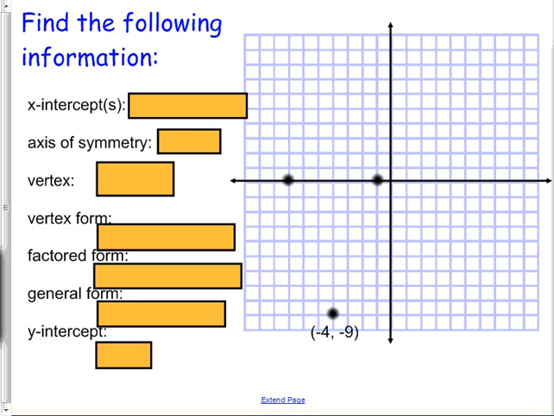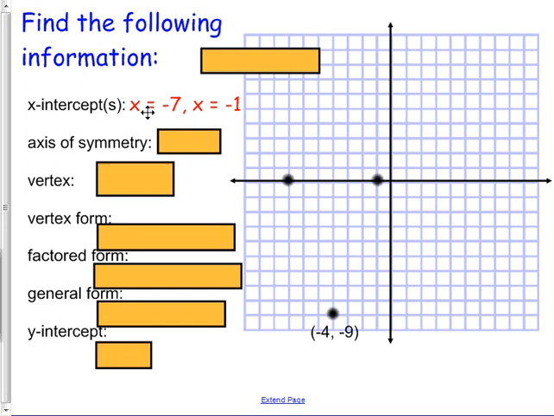Helgeson, tell me what the x-intercepts were, and don't just say 2 numbers. X equals -1, x equals -7. Very nice. Okay. Axis of symmetry. Meister. -4, very good.